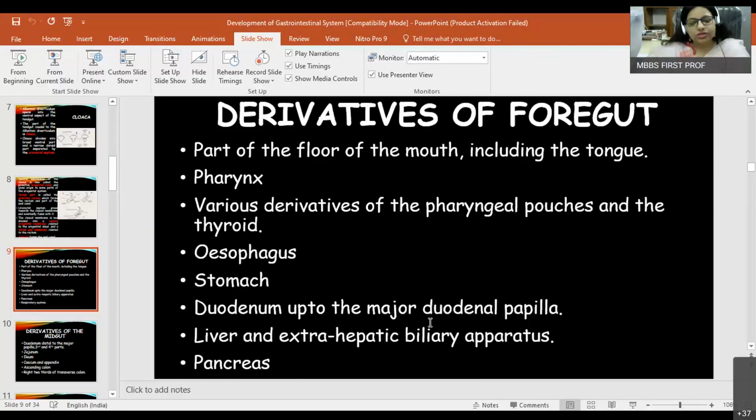Major duodenal papilla is the second part of duodenum. The cranial part of the second part of duodenum is from the foregut only, along with the liver and extrahepatic biliary apparatus, along with the pancreas. You have to mark them up, all the derivatives.